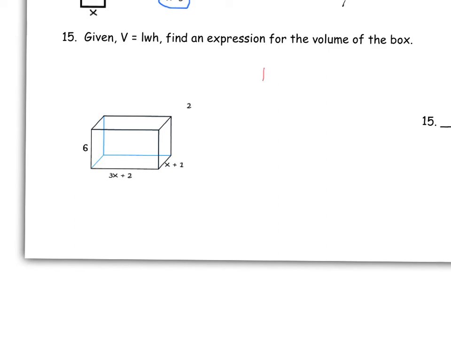All right, lastly, given that the volume is length times width times height, and you have that floating 2 that means nothing, find the volume of the box. So all you're doing for this one is filling in the length times the width times the height.